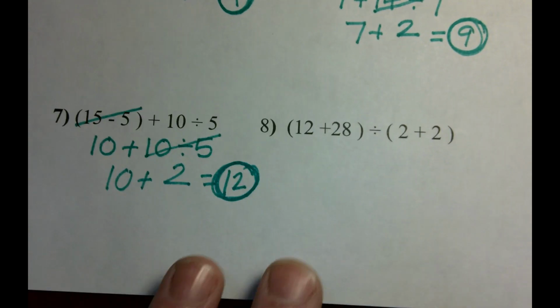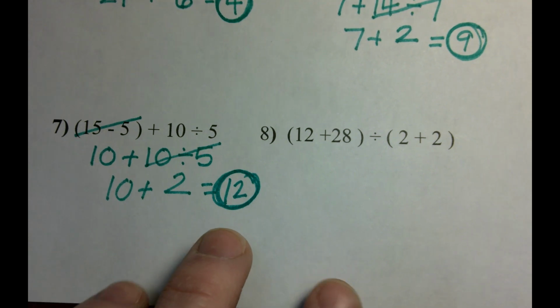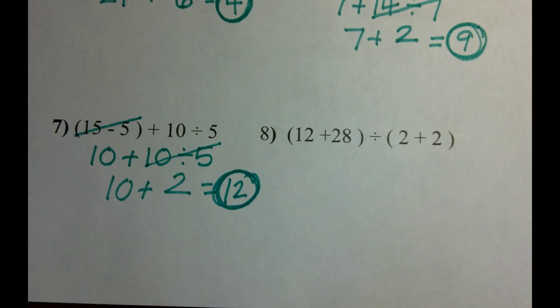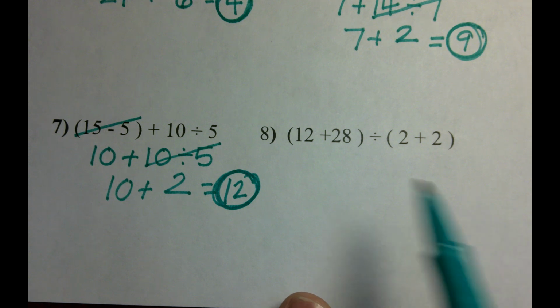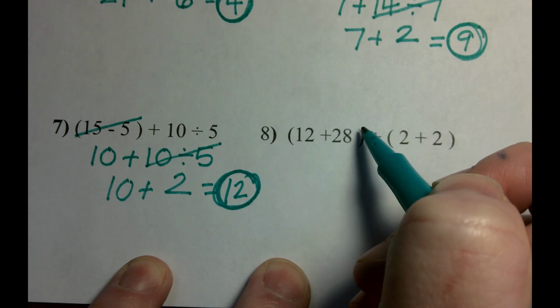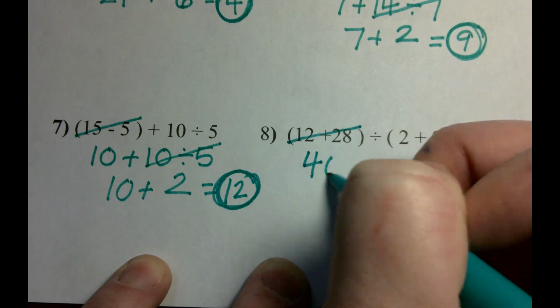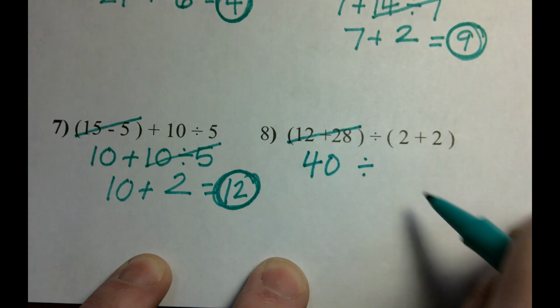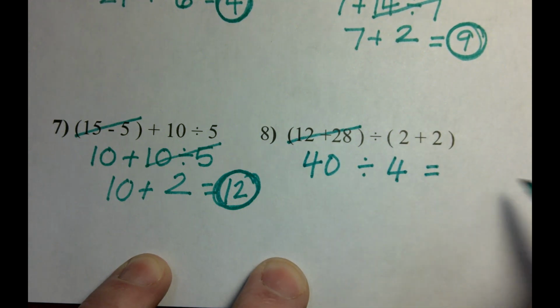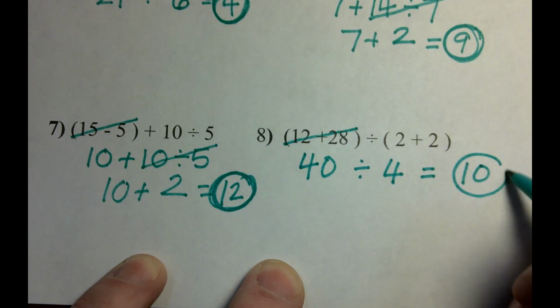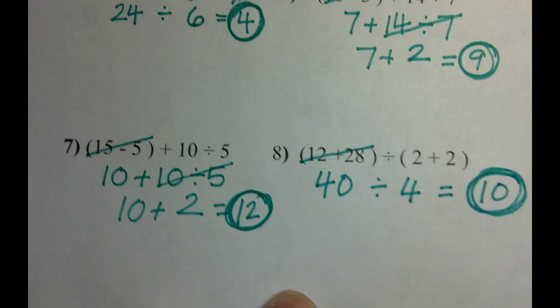Okay. Last one on this page. 12 plus 28 in parentheses divided by 2 plus 2 in parentheses. What do we do? What's 12 plus 28? 40. Divided by 4 is 10. Good.